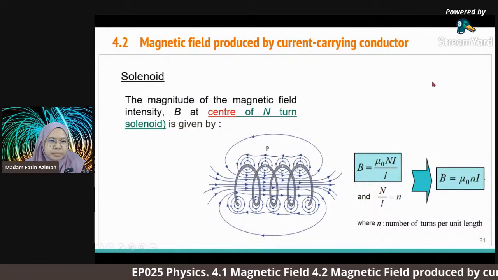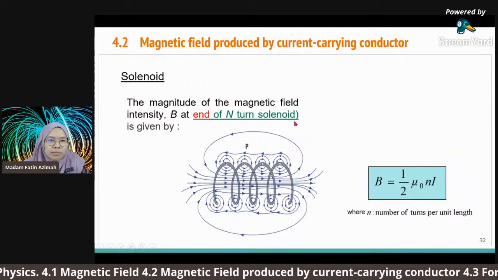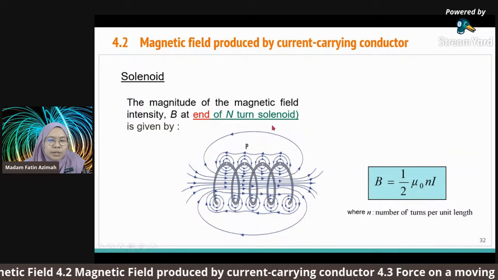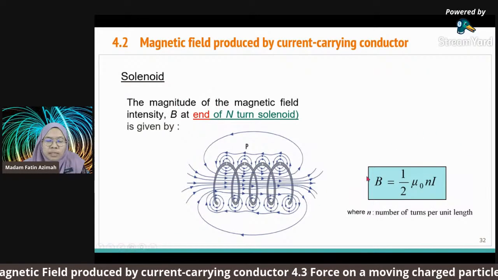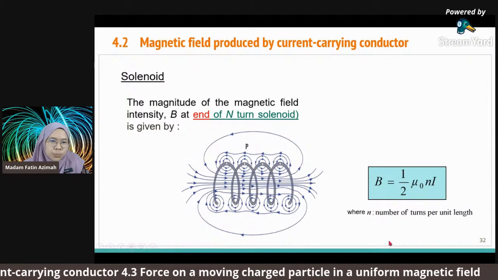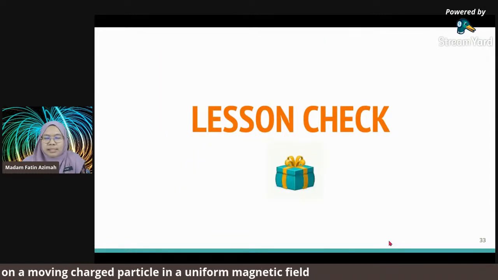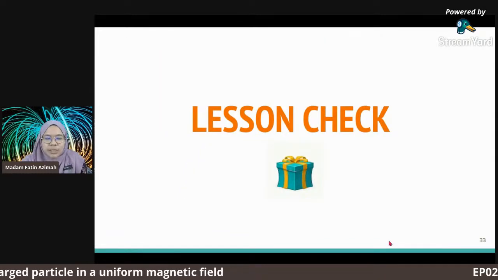This one is at the center. Now we look at the magnitude at the end of the solenoid. For the formula, you just need to add the half, 1 over 2. Simple.